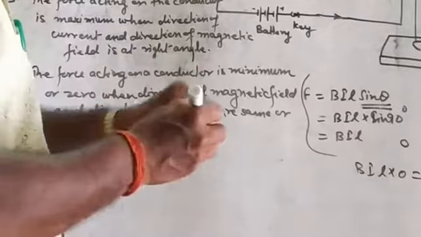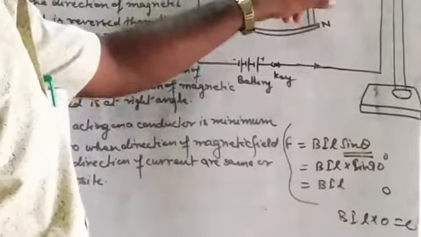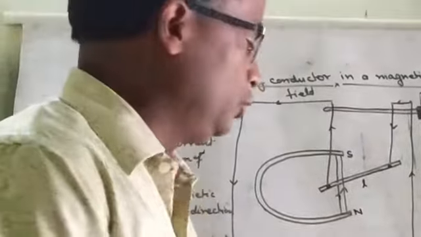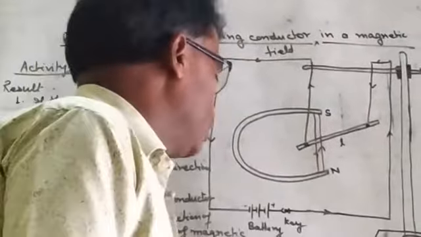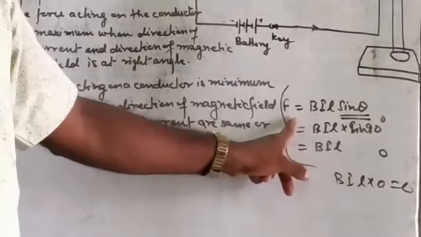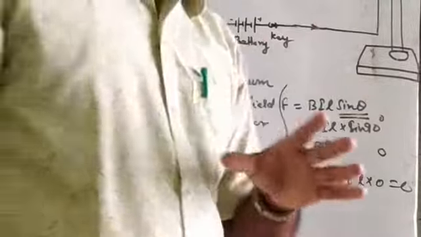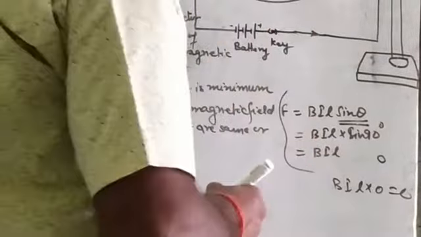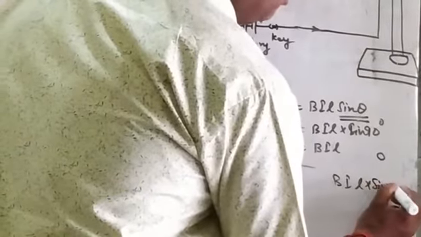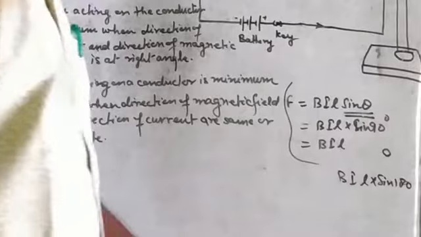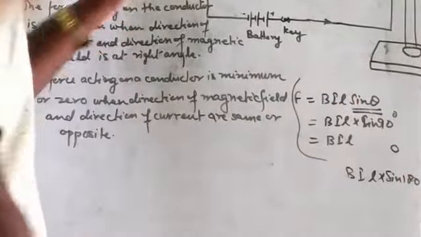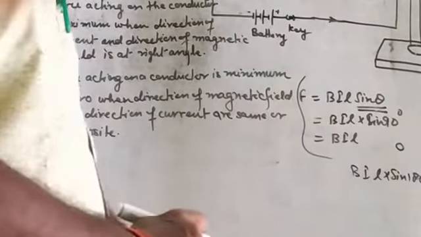It means if the direction of magnetic field and direction of current are the same, sin theta is 0, and when we multiply by this 0, the force acting on the conductor becomes 0. Or in the opposite direction, sin 180 value is also 0. In both cases the force acting on the conductor becomes 0.